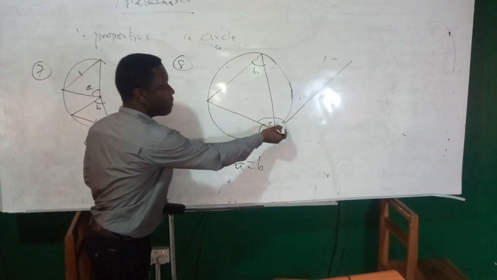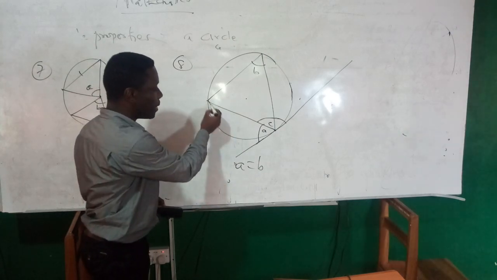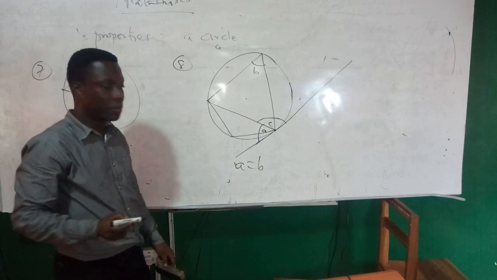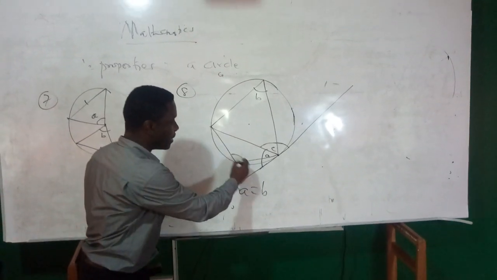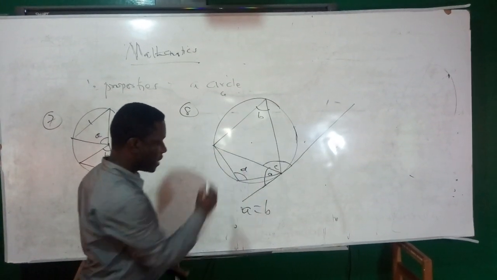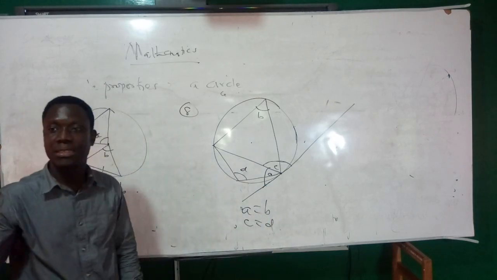Now remember, this time it's coming through this particular segment. So if this chord is forming an angle in the other segment, let's say D, then we can also say that C should also be equal to D.